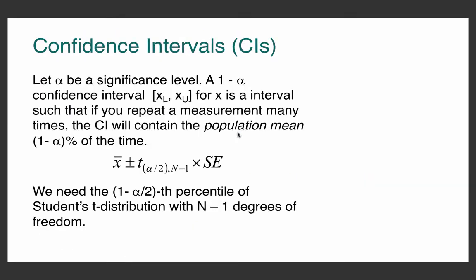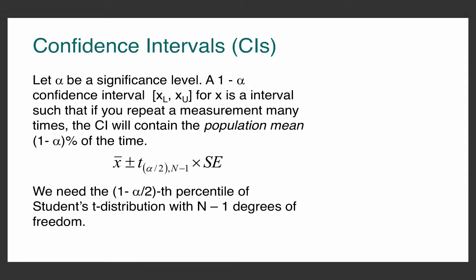So confidence intervals. We begin with alpha as a significance level, and then the 1 minus alpha confidence interval is an interval of values, with a lower bound and an upper bound.